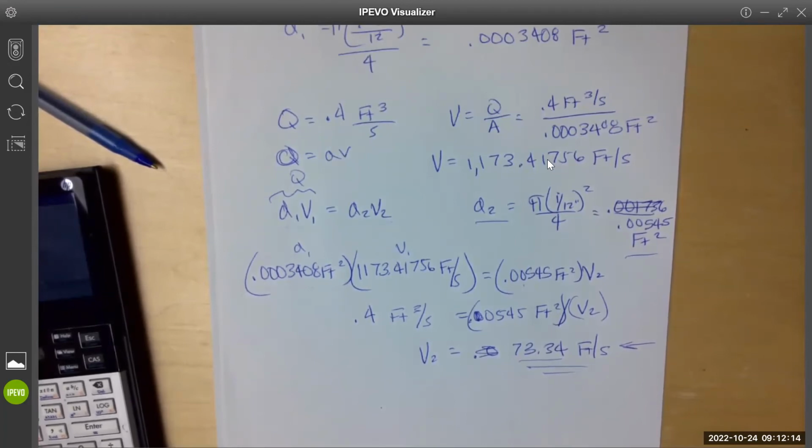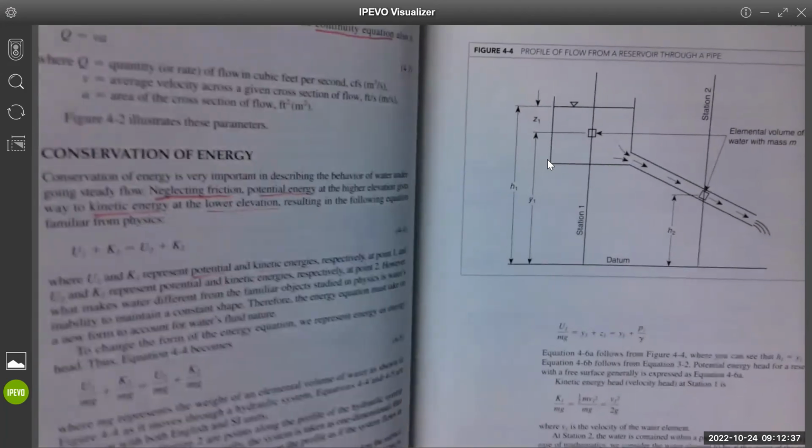So I guess we should talk about the conservation of energy equation also. We did conservation of mass. We'll just slightly go into conservation of energy. On page 56, they work through the derivation of it.